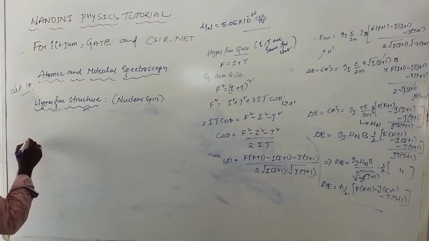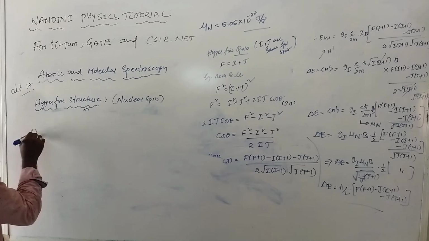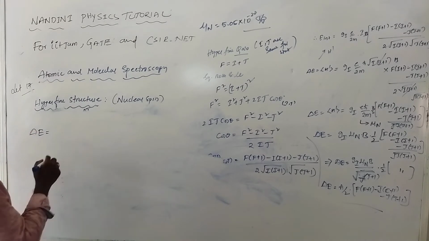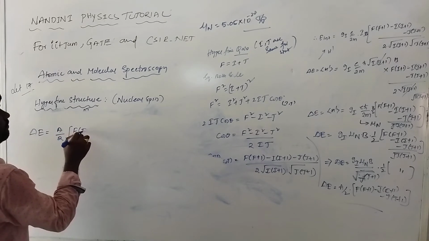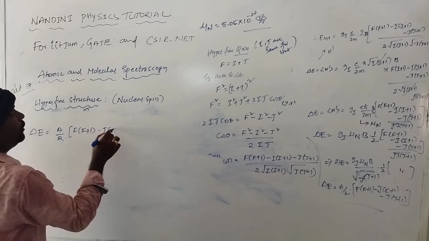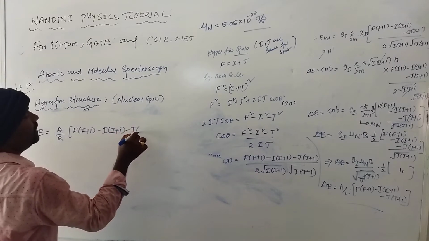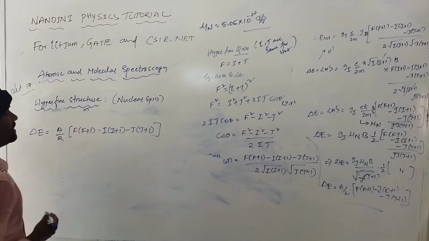See, what you will get from hyperfine structure, energy shift delta E is equal to A by 2 times F into F plus 1 minus I into I plus 1 minus J into J plus 1. You will get this equation.